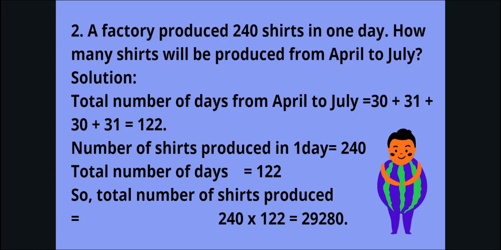Number of days in April is 30. Number of days in May is 31. Number of days in June is 30 and number of days in July is 31. So total number of days from April to July we get by adding these numbers, which is 122.